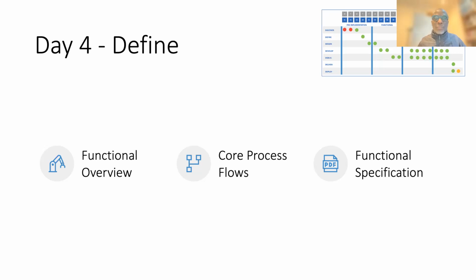With the core flows, we'll be looking at the high-end, what we call the level 1 and level 2 business flows. Now, the levels are mainly looking at them from a high level process.